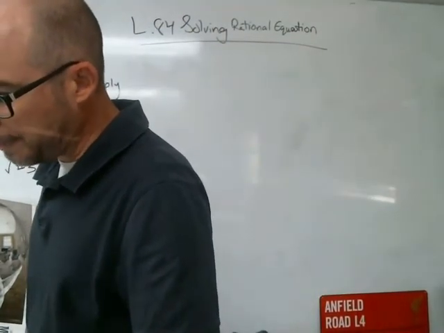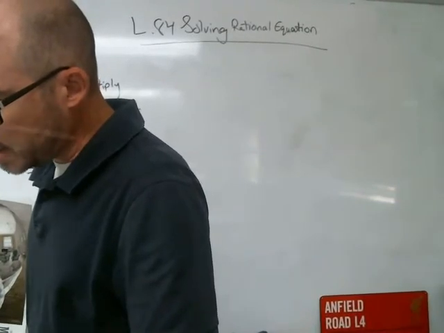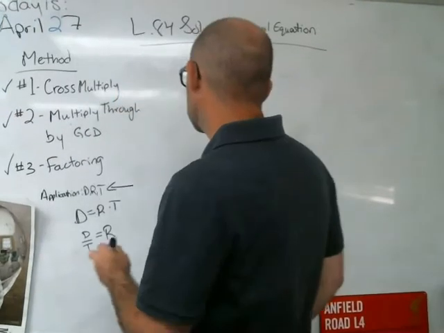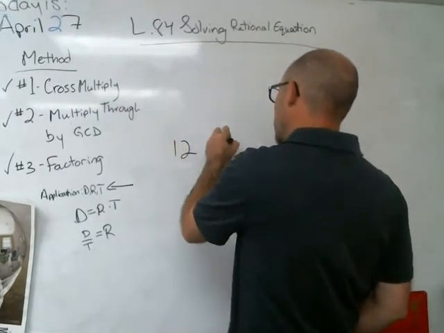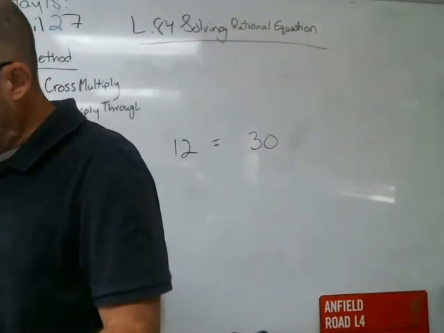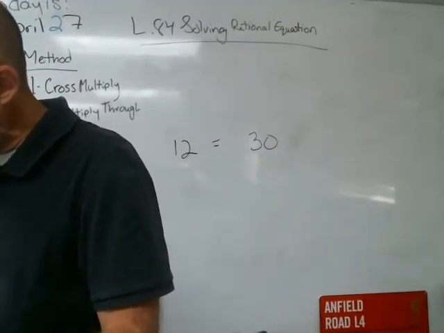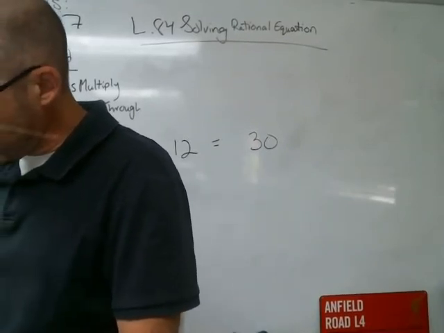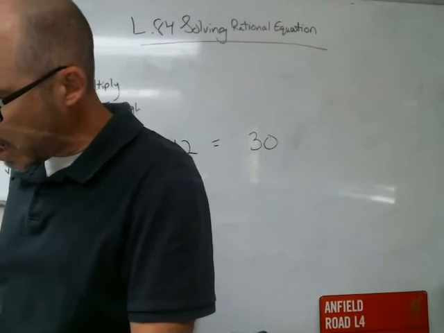Okay, well, the distances are 12 and 30. So they're going to have to be on opposite sides here. 12 and 30. Now, write an expression for the rate of travel on each day.